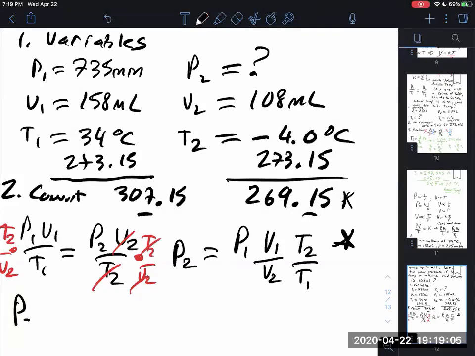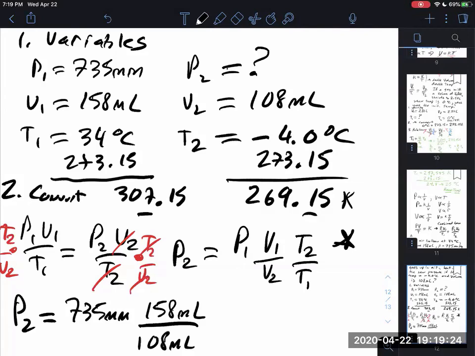So P2 would then be equal to, I'll plug in all these. So P1, 735 millimeters times V1, 158 milliliters divided by 108 milliliters. So the volume went down. That's going to cause the pressure to go up. And the temperature, oh, T2, I need the 269 up here, don't I?